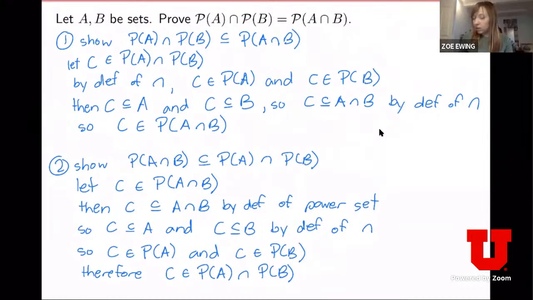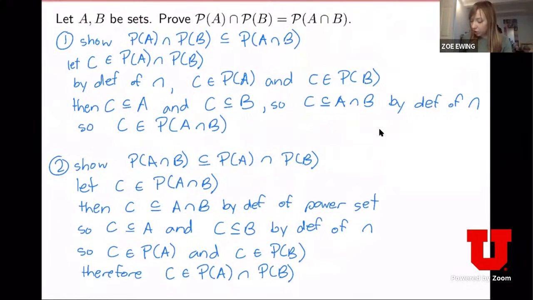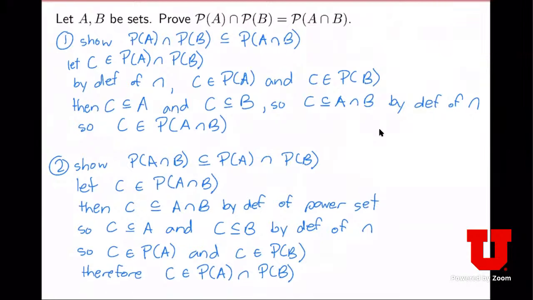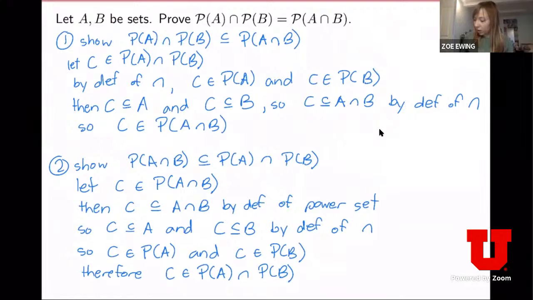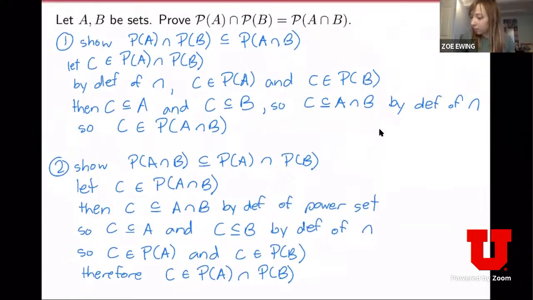Like the second and third lines in part 2 of this proof. So if C is an element of the power set, then C is a subset. Is it just the intersection that's confusing you, or is it also the top step, where we go from C is an element of the power set of A to C is a subset of A?